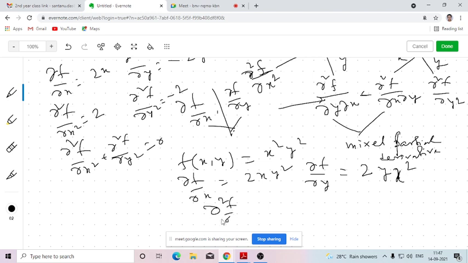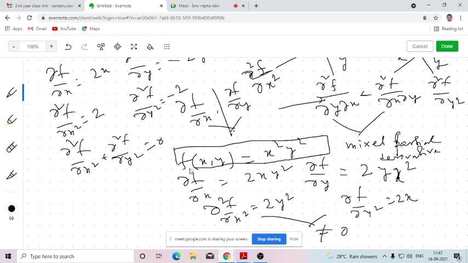Del 2f del x2 is 2y square, and del 2f del y2 is 2x square. So the sum of these two is not 0, and that's why this function will not be a harmonic function. Is that clear? When the function is called a harmonic function and when it is not a harmonic function.